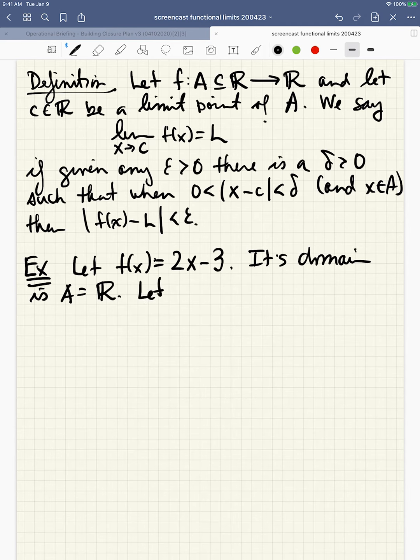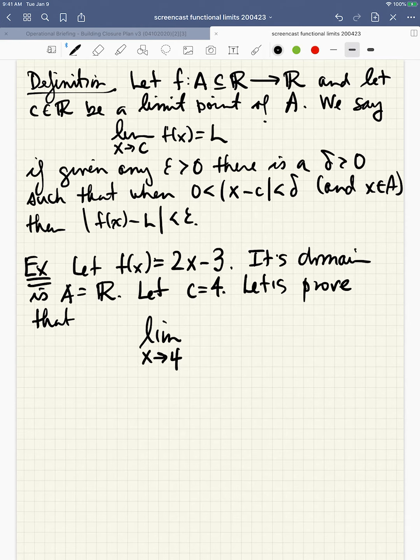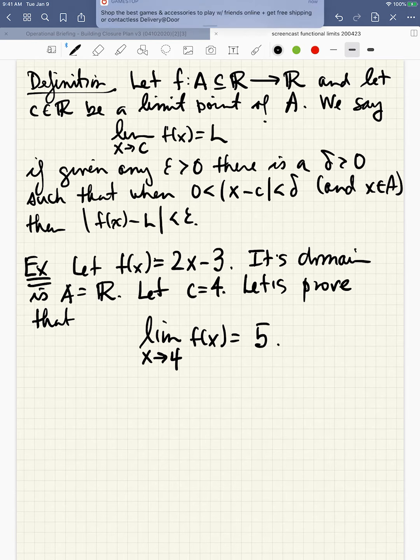And let c be 4. And 4 is a limit point of the real line because we can find a sequence of reals that converge to it. So let's prove using the definition that the limit as x goes to 4 of f of x equals 5.